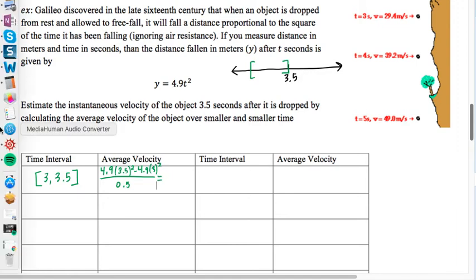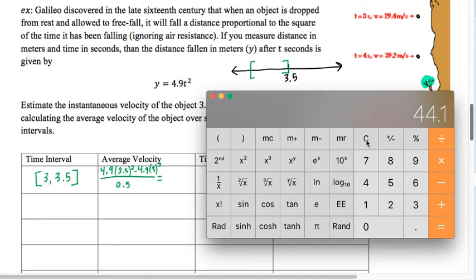We'll just remember it and come back. Okay, so then we're going to do 3.5 squared, and then times 4.9. Okay, so we're going to do that minus 44.1. It's 15.925, divided by a half, 31.85.